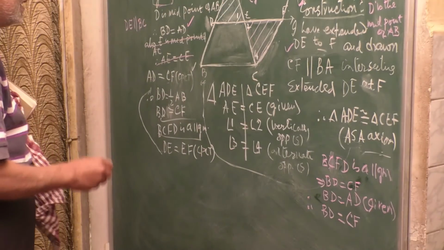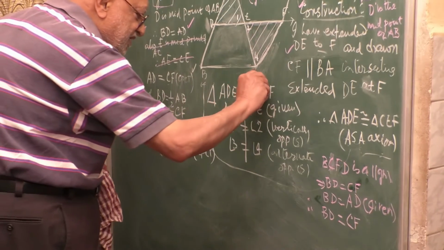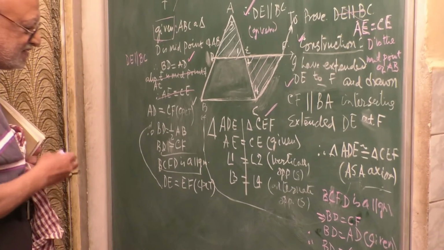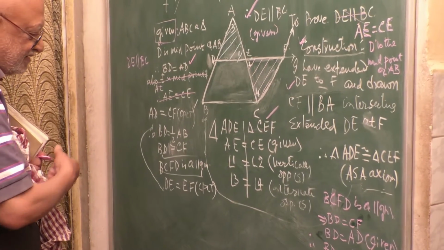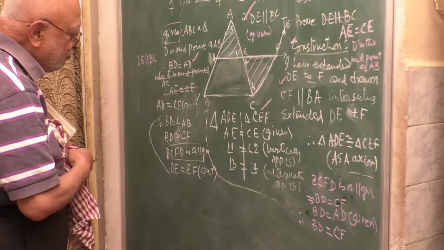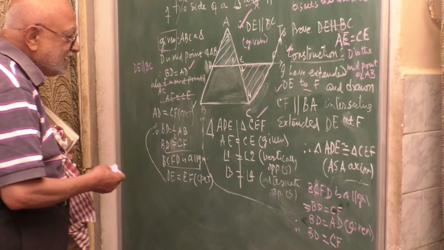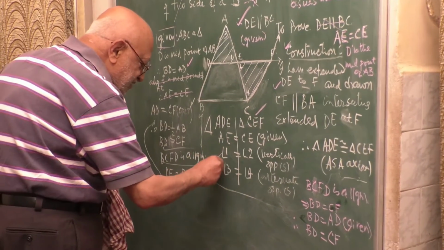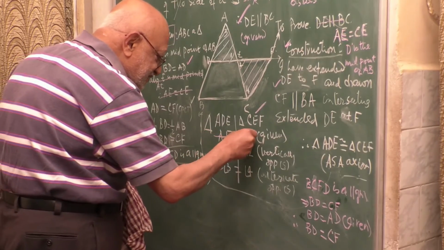Now again consider these two triangles. So this will continue. There is no change. Angle 1 is equal to angle 2. This is okay. This is not given.